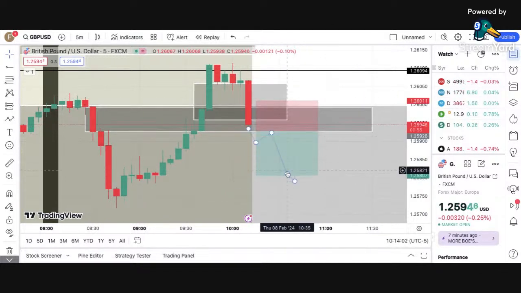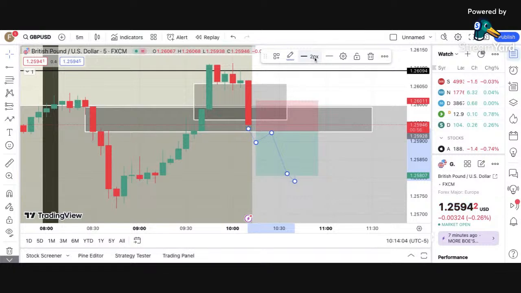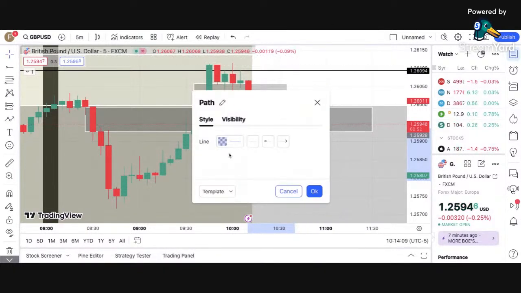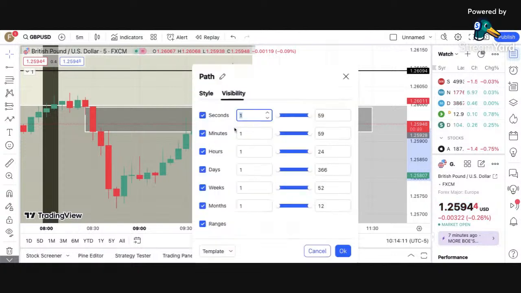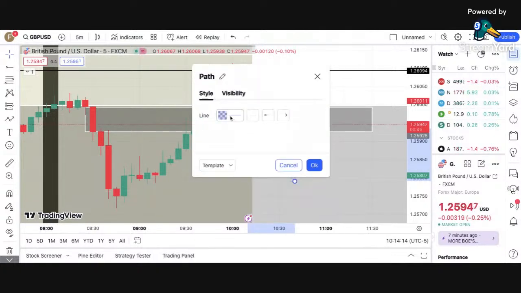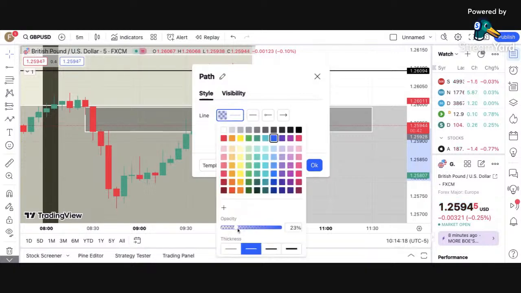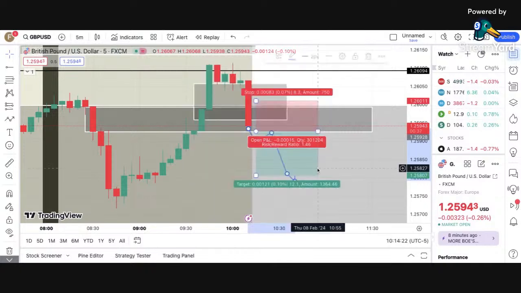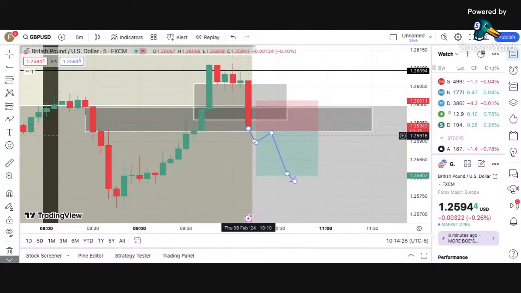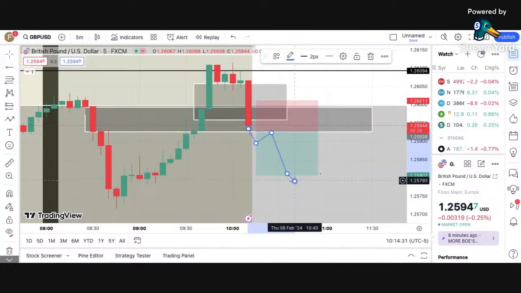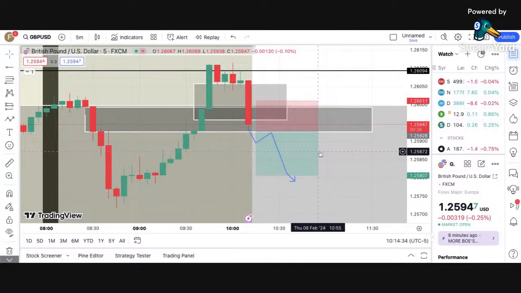Let me darken this up so y'all can see. I would need to see this come down. I don't care if it comes down like this, but I need to see a retest up in here and then work its way down. That's what I would need to see.